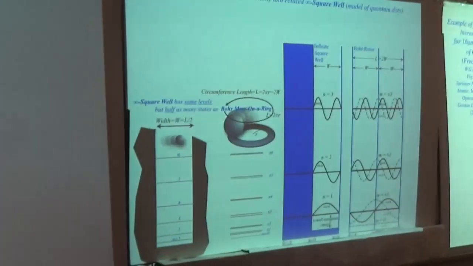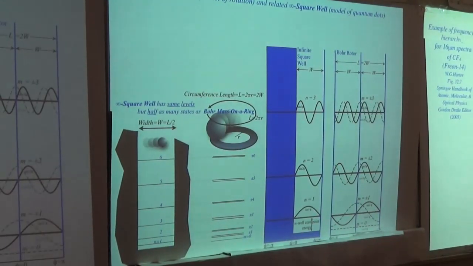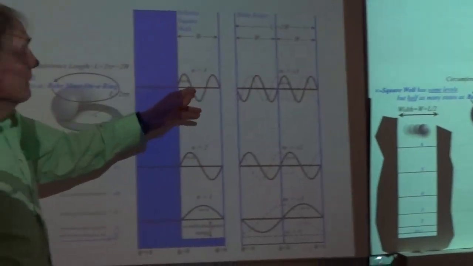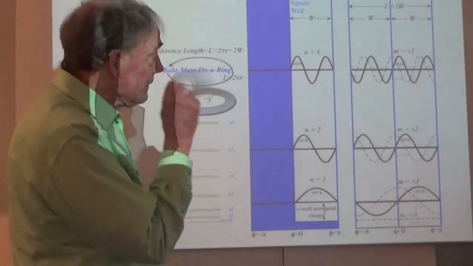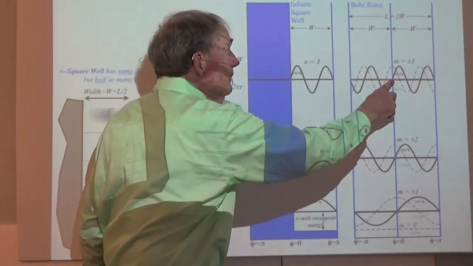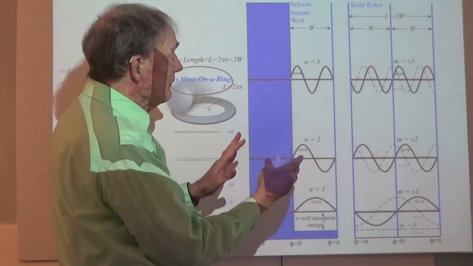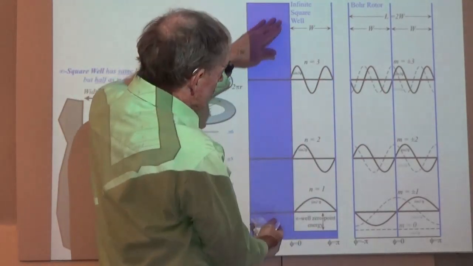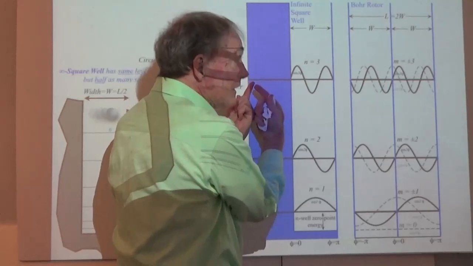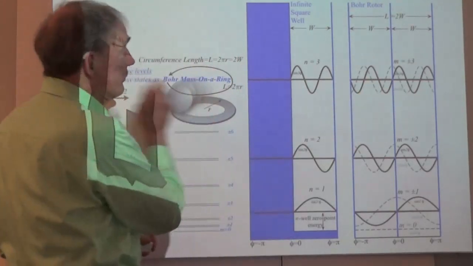The infinite square well, and I put it up here too so I can point at it in front of the screen, has the same wiggles as you see over here. Basically what's happened here is I've taken 2 of these, took out this area here, and tied the ends together so that I can make a Bohr rotor like this.